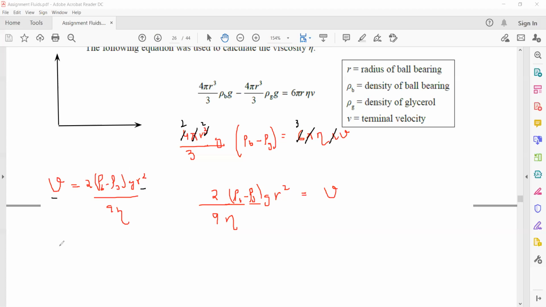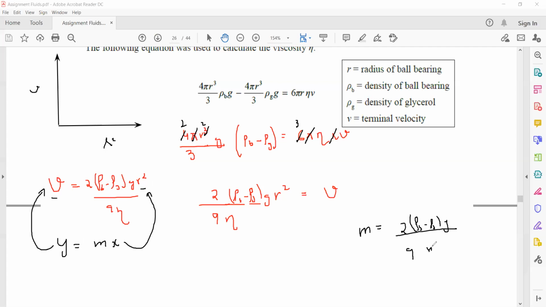So if I compare this with the equation of a straight line, y is equal to mx. On the y-axis, if I plot velocity, and on the x-axis, r square, what will be our gradient? Our gradient will be equal to 2 by 9 times the difference in the density of the ball bearing and the glycerol, times g, divided by eta.